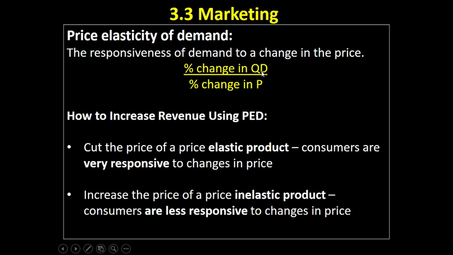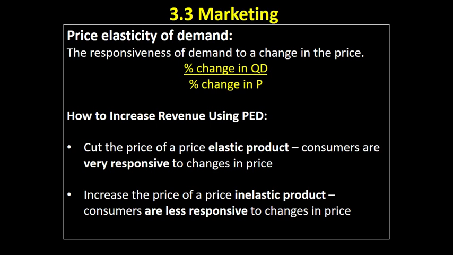Consumers aren't really that responsive to changes in price. We're getting more for each unit we sell. Okay, we might have lost some of the quantity of units we've sold, but the increase in the price of each unit means we're making more revenue on each unit, and that makes up for the lower sales volume.